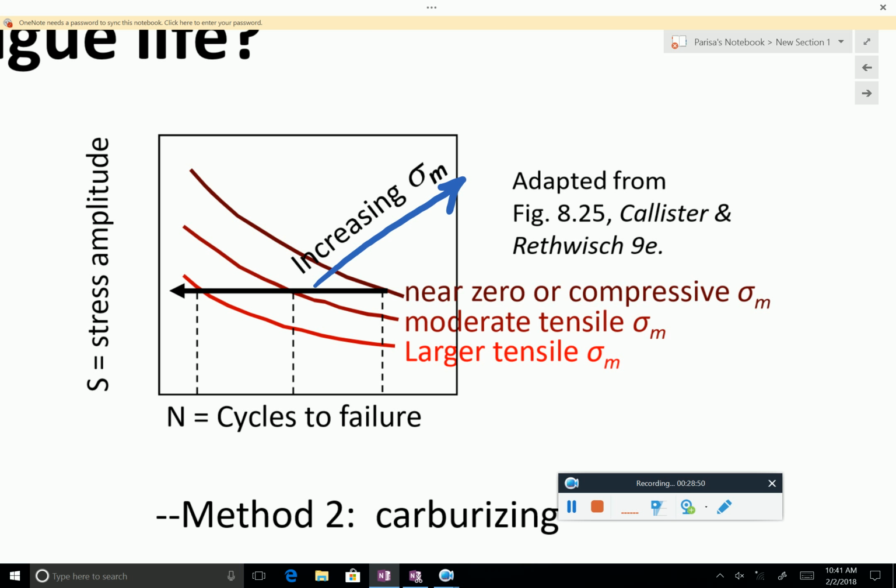Again, one way to improve the fatigue life is to make sure that we are not always in the tensile region. So you try to pre-stress the material with compression, so when it goes through the cycles, the mean is compressive or zero. It's not tensile. Because as you can see, when you increase the mean towards zero or compression, you increase the safe area.